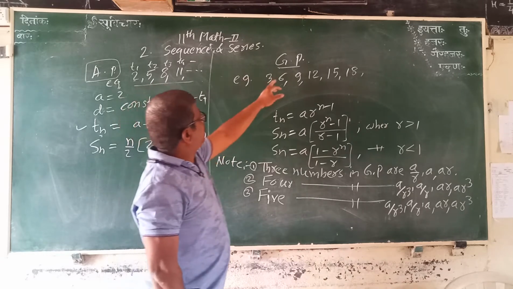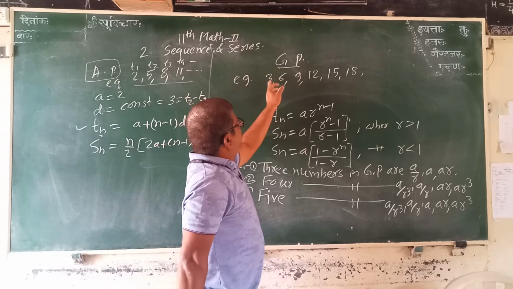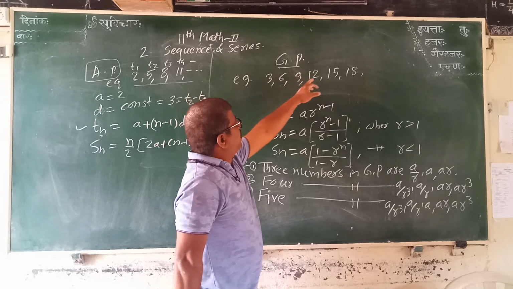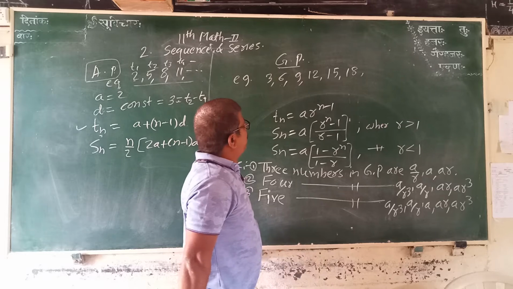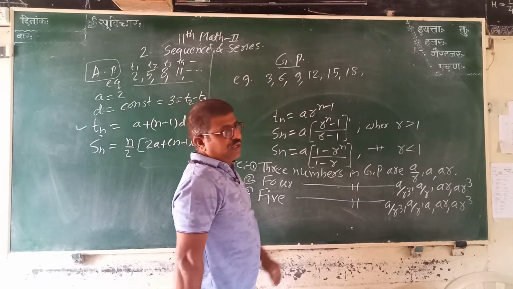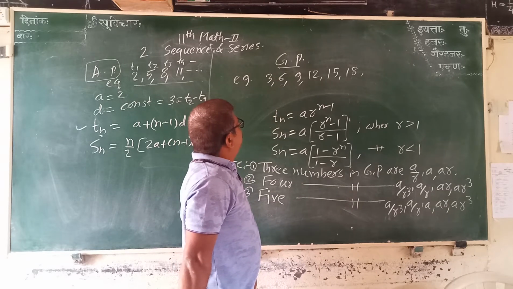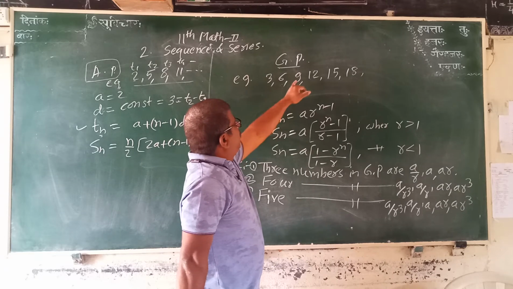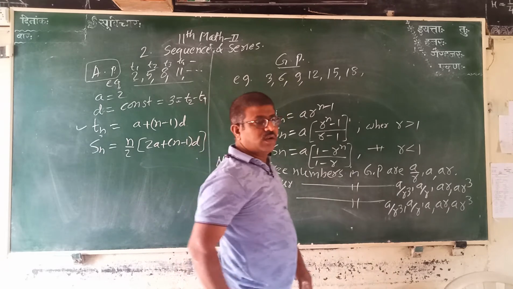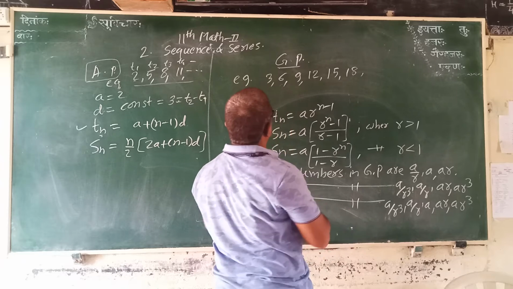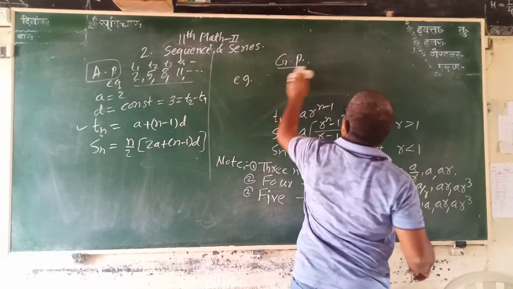Their difference is 6 minus 3 is 3, 9 minus 6 is 3. But here ratio 6 upon 3 is 2, 9 upon 6. This is not the geometric progression, but this is arithmetic progression.